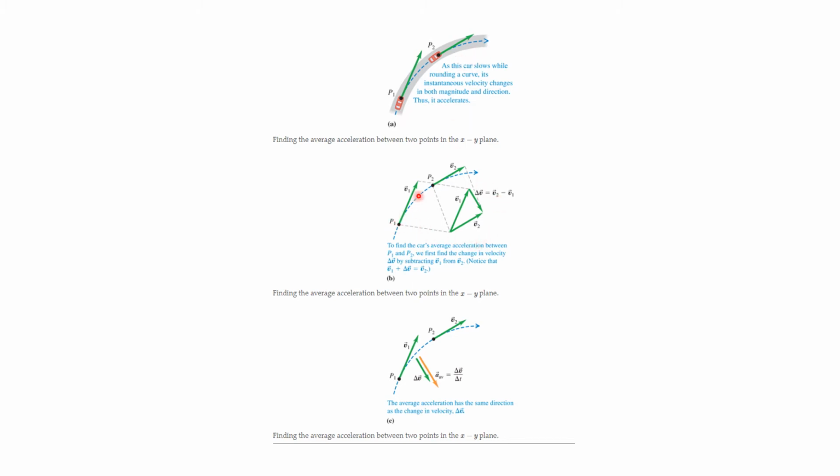And so if we're doing V1 and V2, as we know, the acceleration is V2 minus V1 over delta t. And so when you look at these vectors, you see that this is the change in velocity, V2 minus V1, this vector. Now the point you want to remember with centripetal acceleration is the acceleration is directed towards the inside of the circle.